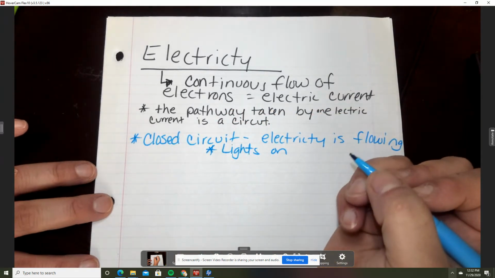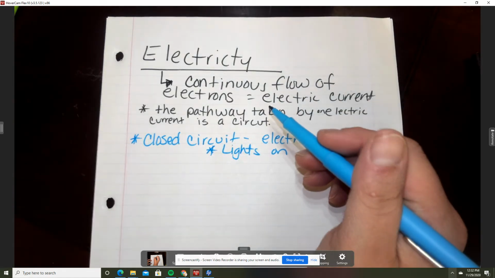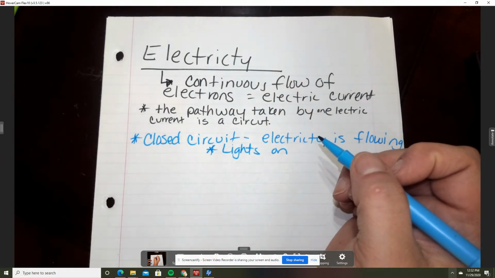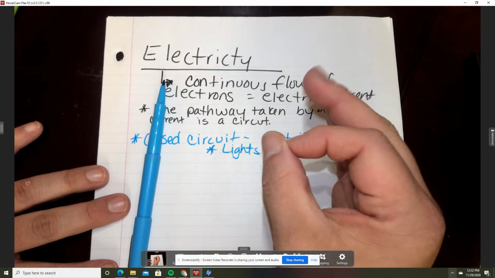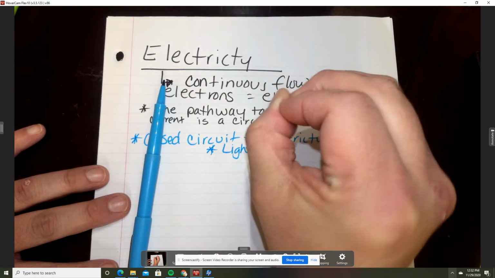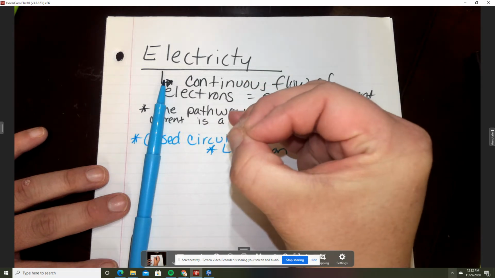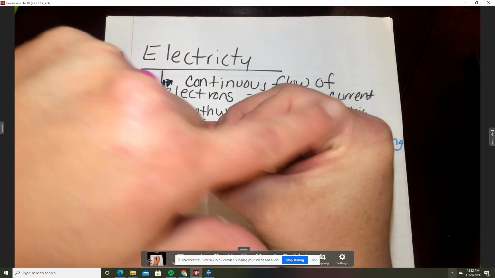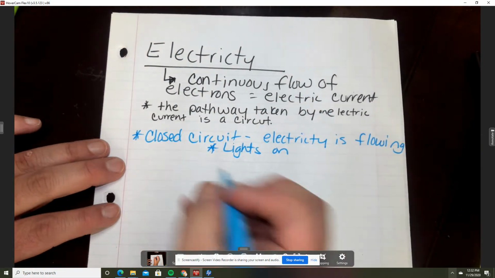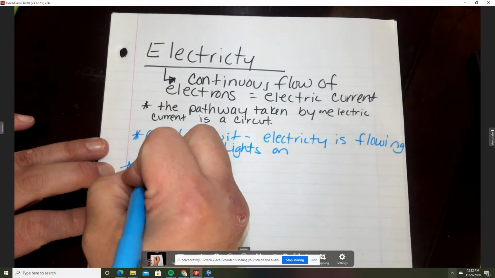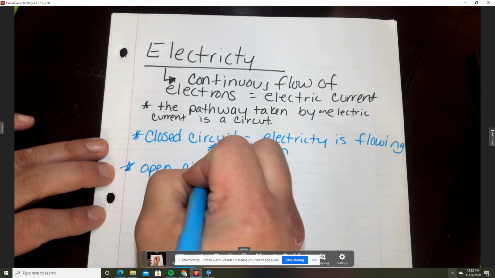Right now, on my projector, the circuit is closed, which means there are no gaps. So if you take your finger and make a circle, that means that there are no gaps, okay? It is closed. That means the electrical current can travel, all right? Lights are on. But if you have an open circuit, it's the opposite.